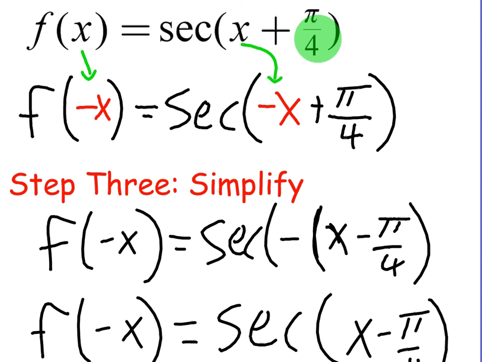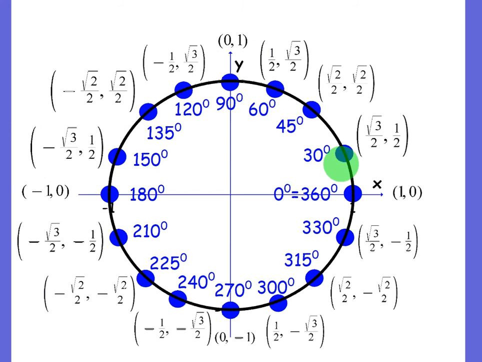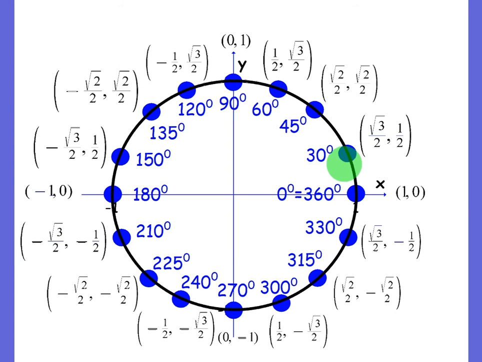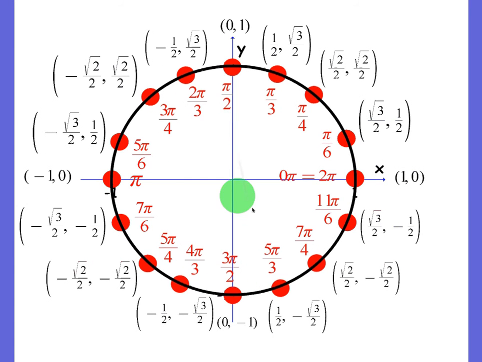Because let's think about this, for example. If you add pi over 4 to an angle, are you going to get the same secant value every time as when you subtract pi over 4? Let's take a look. Okay, let's actually look at the unit circle in radians, if I can find it. So for example, let's start at this angle 0. If I add pi over 4, there's my x value, which is what secant depends on.